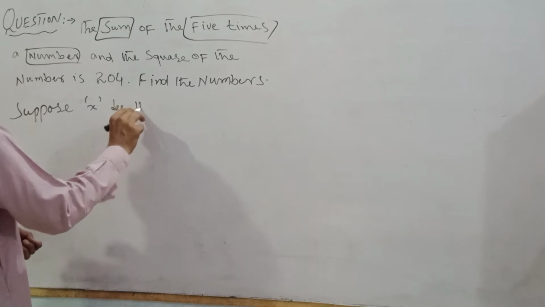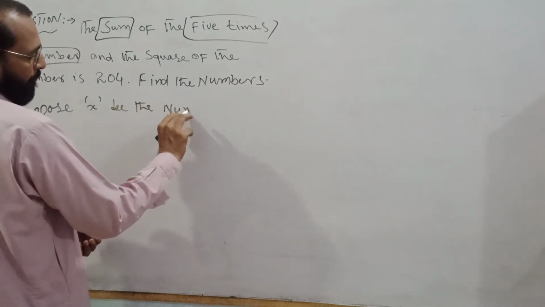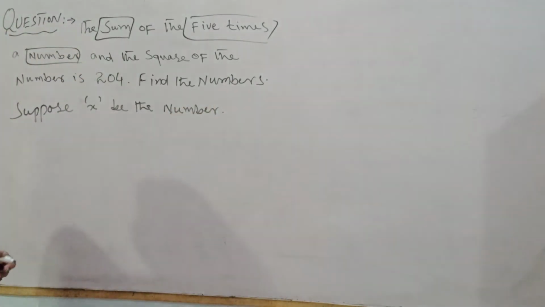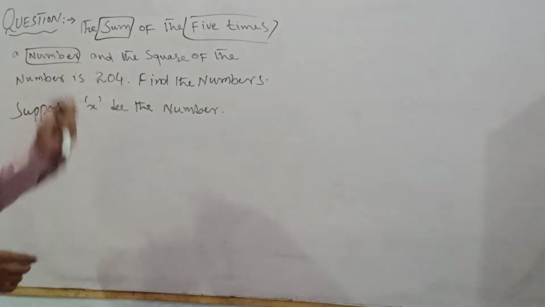Suppose x be the number. First of all, we suppose that x is the number which we have to find. So according to the statement, first of all we take the 5 times of this number.